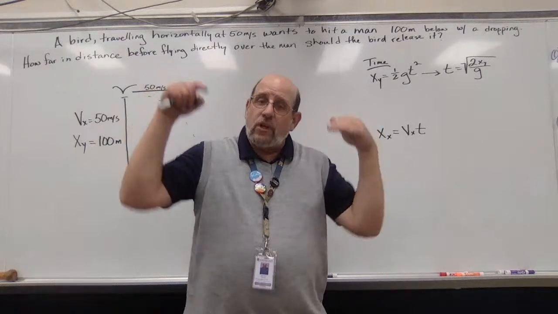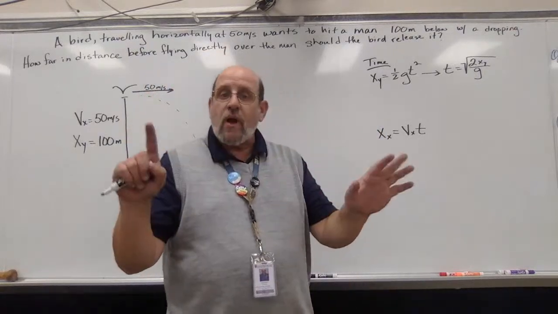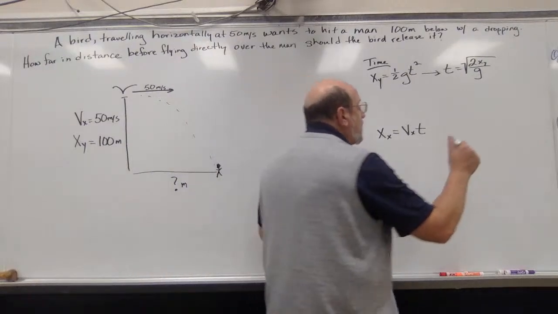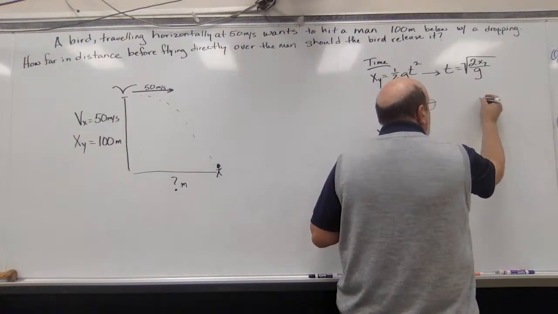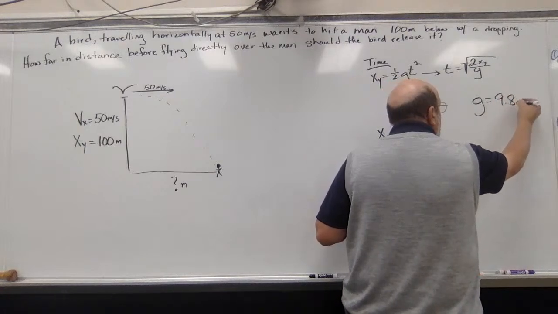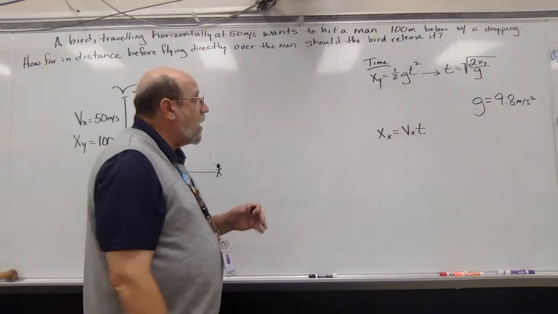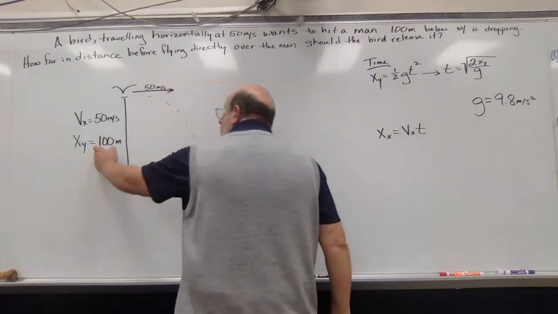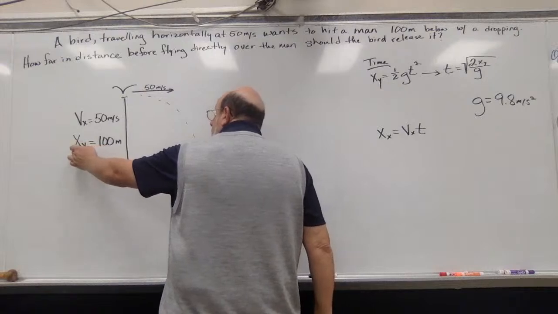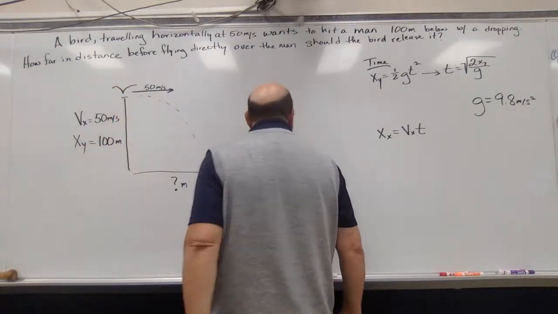And since it's only going in one direction, we're not going up and then down, we're going to leave gravity just positive 9.8 meters a second squared. We were already given the height, our distance in the y direction, of 100 meters.